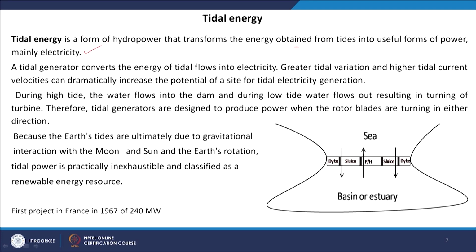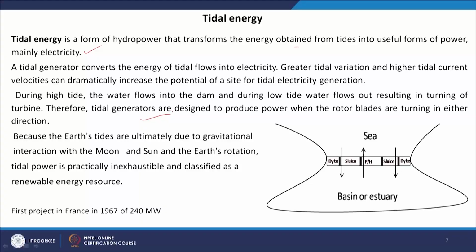Okay. So, we need one turbine, we need one generator, and then we need to store the water which is going to the coast during flood current, and also when the water is going down towards the sea during ebb current, then also the turbines can be used to get the electricity. Unlike wind turbines, these turbines will be able to generate electricity in both directions, whenever water is going from the coast to the sea or sea to the coast.